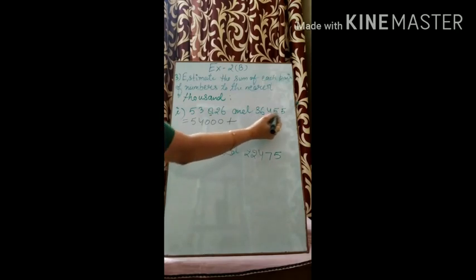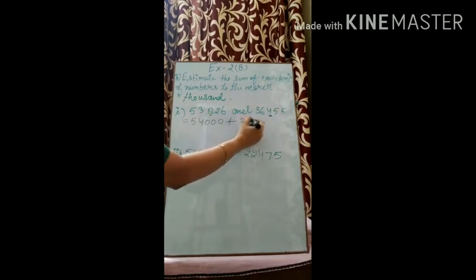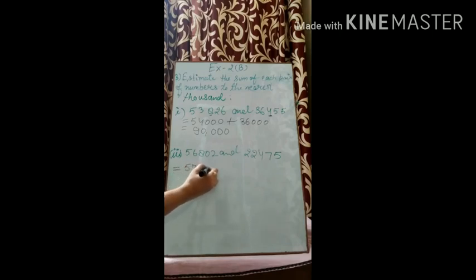So 36,455 is rounded down to 36,000. 90,000 is your answer. Next, 56,802. It is rounded up to 57,000 plus 22,475 rounded down to 22,000. 79,000 is your answer.